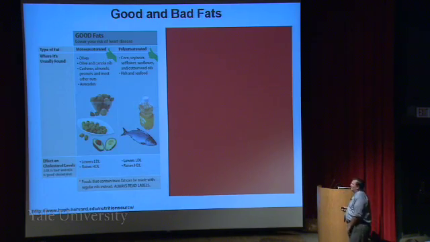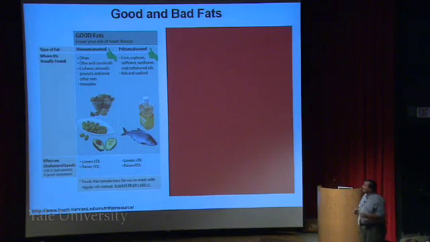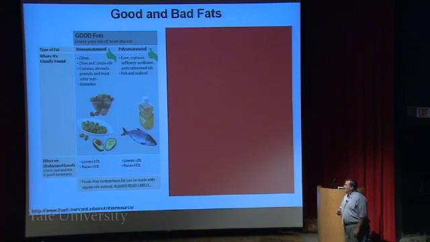But you have the monounsaturated fat, the olives, olive oils, and some nuts are high in the monounsaturated fats. We'll link back to that when we talk in a few moments about the Mediterranean diet. The unsaturated fats are the corn, soybean, safflower, sunflower, cottonseed oils, and fats that you get from seafood.